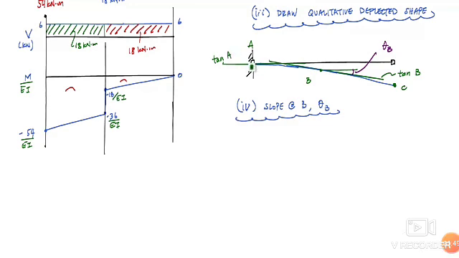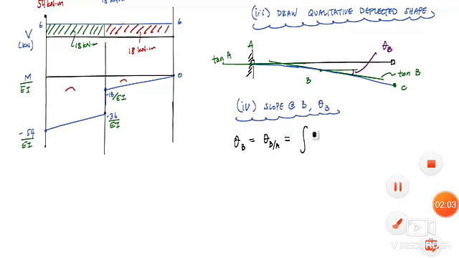If I calculate the change in slope from point A to point B, theta B is equal to theta B with respect to A, just because the slope at A is 0, which is equal to the area from 0 to 3 meters of the M by EI diagram dx.